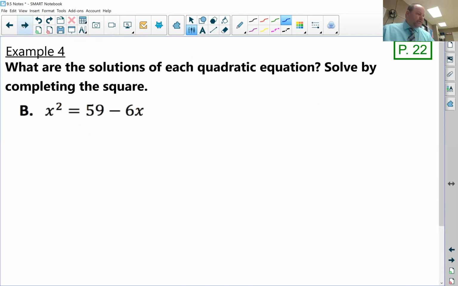All right, going with another one that's a little bit crazy. Here we have x squared equals 59 minus 6x. So we want to get that minus 6x moved over to the left-hand side of the equation. We can do that by adding 6x.